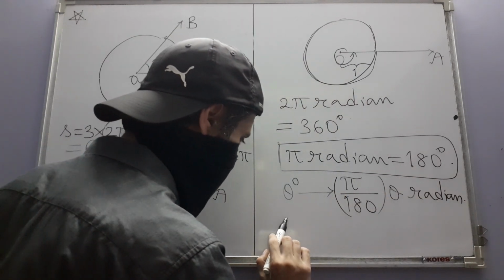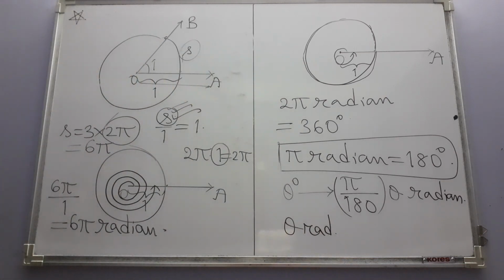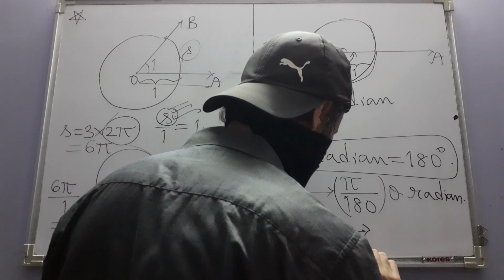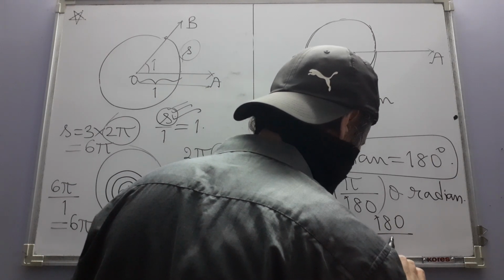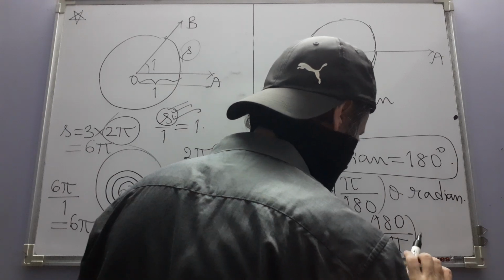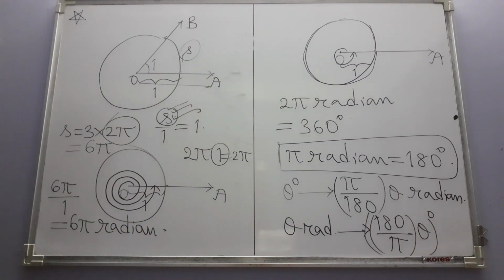Similarly, if you have theta radian, to turn that into degrees, you multiply the angle by 180 divided by pi. It will be this degree.